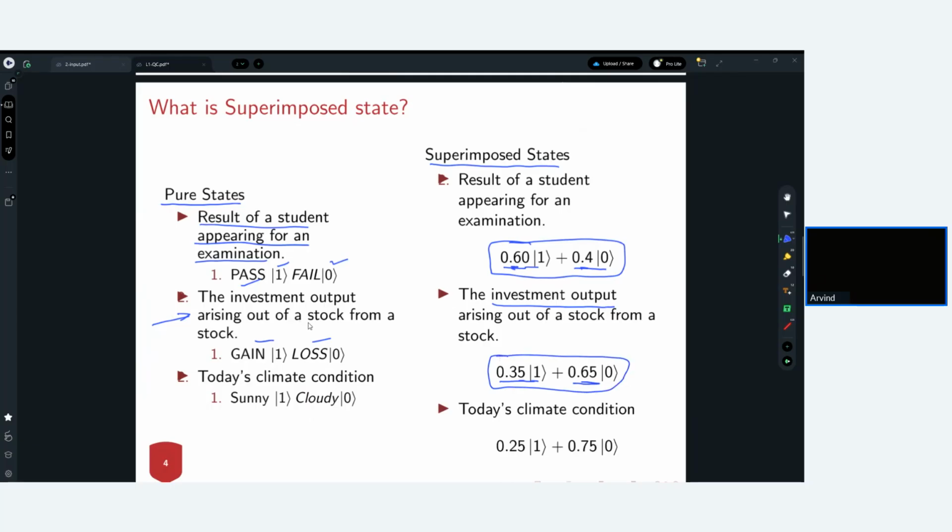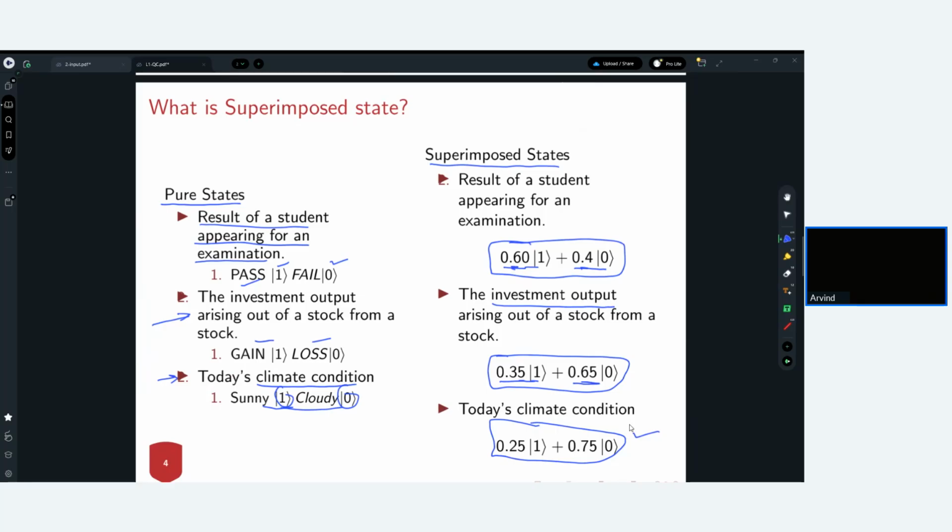superimposed state. The third example is today's climate condition. It may be either sunny or cloudy, which you can represent through two different states, 1 and 0. Suppose you have not measured today's climate, and you want to represent that there is a 25% probability that the climate may be sunny, and a 75% probability that the climate may be cloudy.